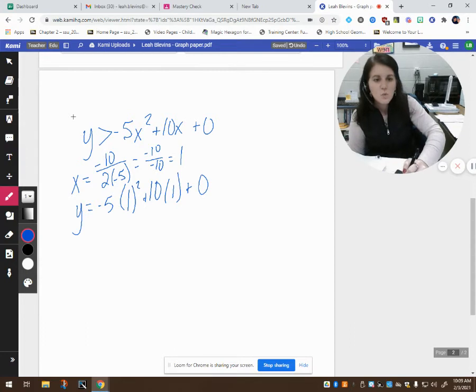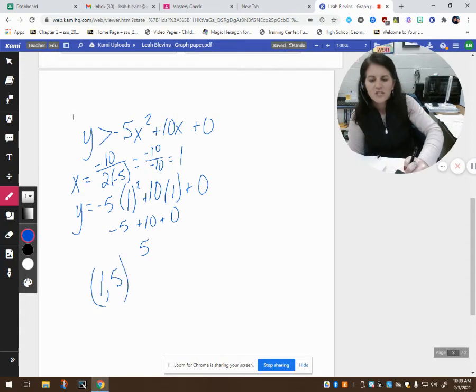Just this 1 is squared. We have to follow order of operations and take care of my exponents first. So 1 squared is 1. 1 times negative 5 is negative 5. Plus 10 gives me a positive 5. Plus 0 gives me a positive 5. So when x is 1, y is 5. We have just found our vertex.